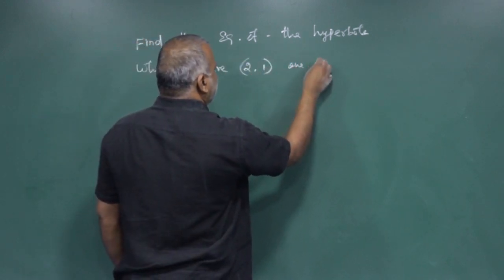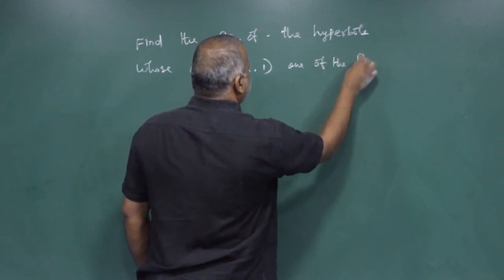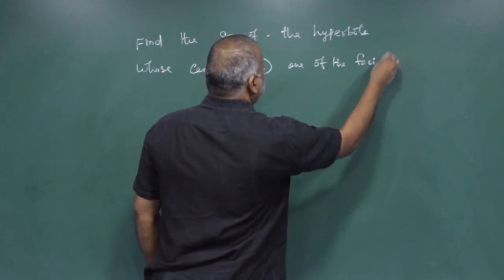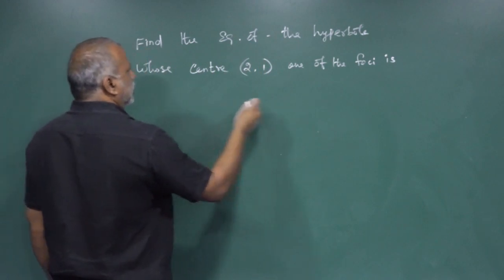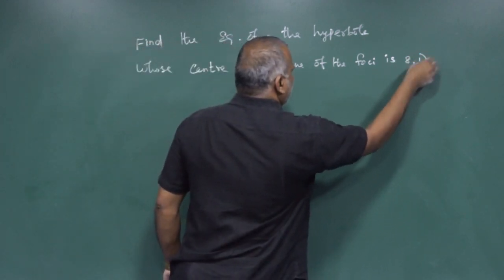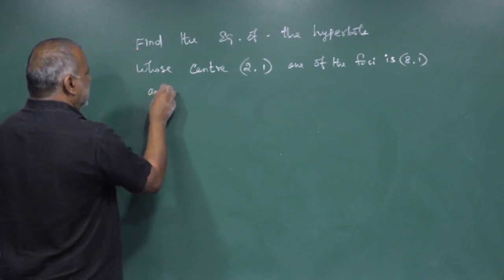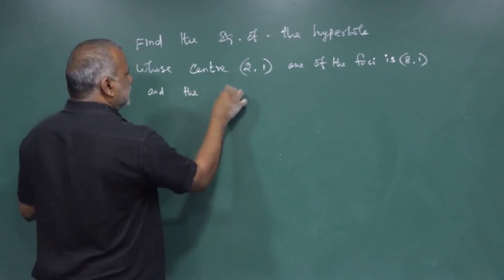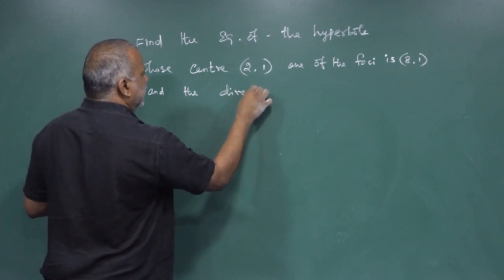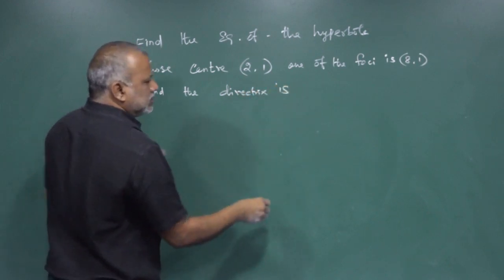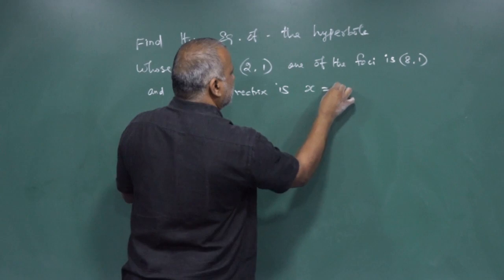One of the foci is 8, 1, and the directrix is x equal to 4.